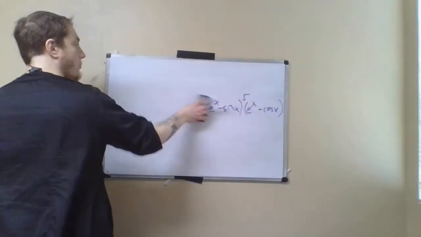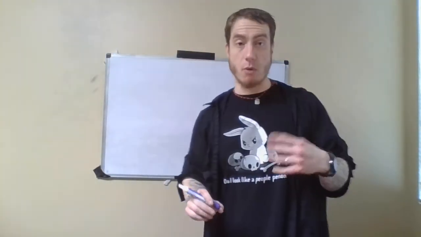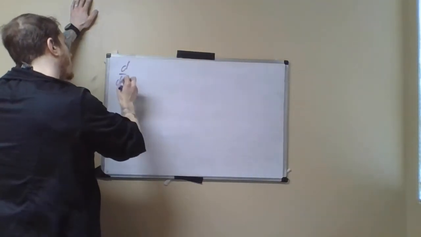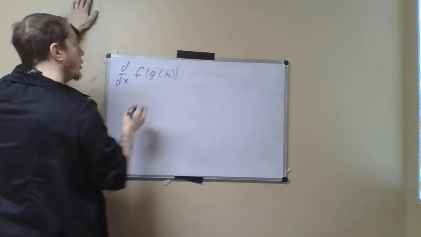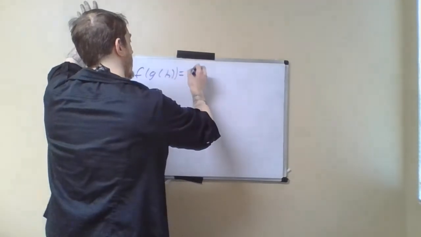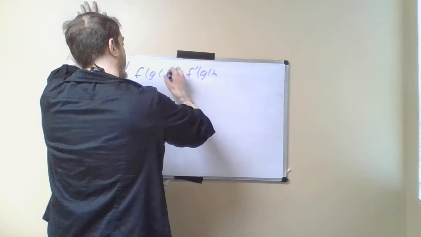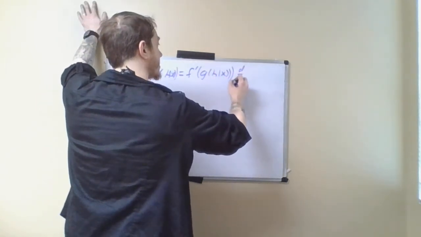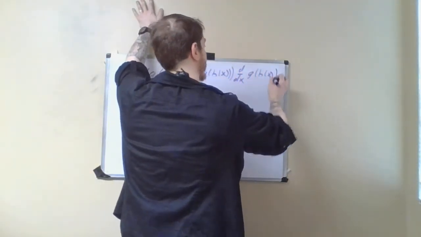Now, one more thing I want to mention here, a couple more things before we finish with this. The first thing is that you can keep on going this way. If I wanted to work out the derivative of f composed with g composed with h, this would be equal to f prime of g of h of x, times the derivative of what's inside, which is g composed with h of x.